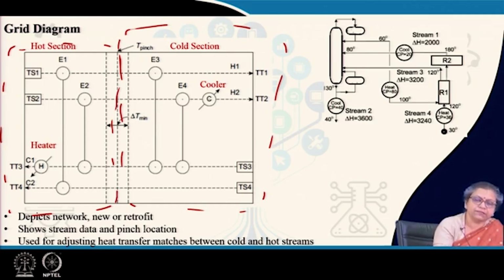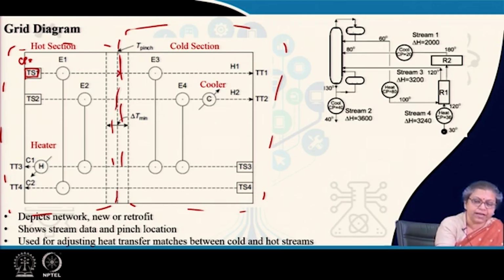In a grid diagram, we depict the different streams. By convention, the hot streams are located above the cold streams. So, we locate the hot streams first. How do we locate them? We write the stream number here. Normally, here we write down the CP value, and we also write down the start temperature here, and then we extend till the pinch temperature.